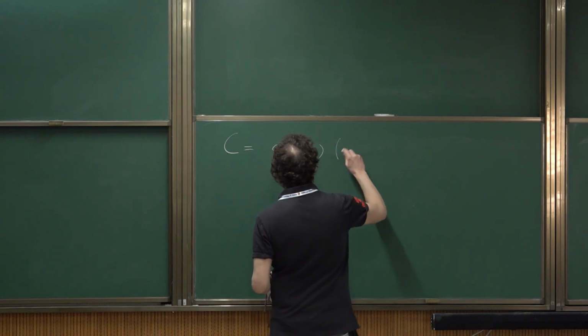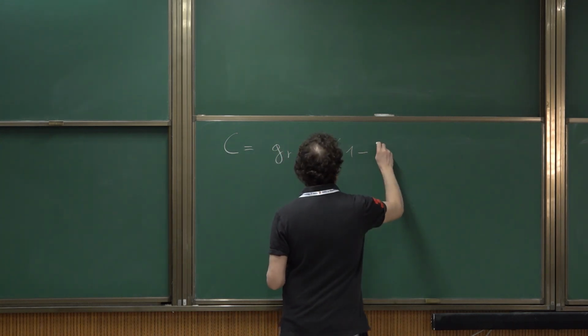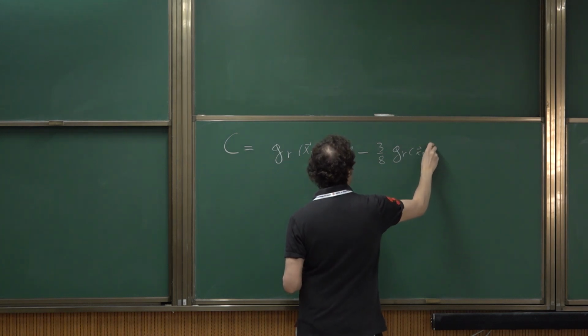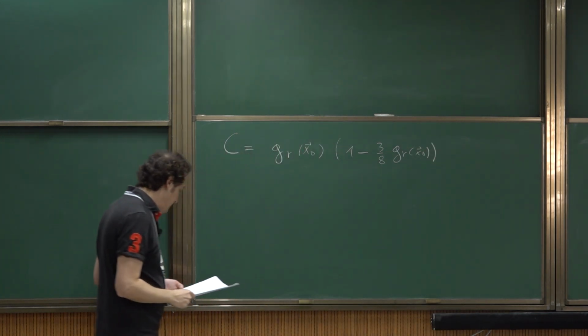And so this is a quadratic form, so it's 1 minus 3 divided by 8 g r of x con 0. Okay, so we found that.